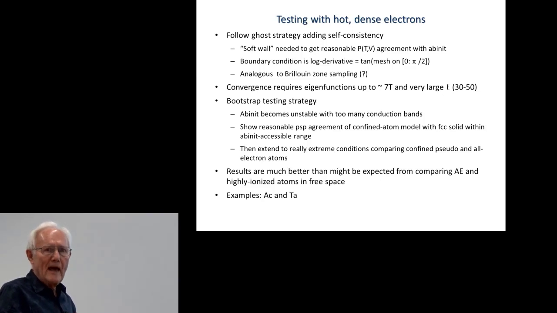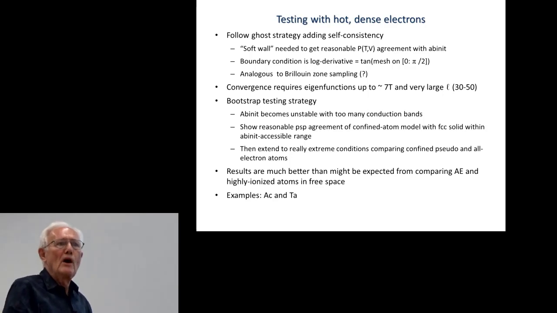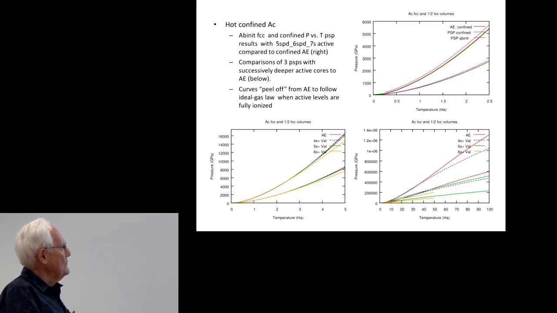I can compare that for all-electron and pseudopotential in this spherical confined atom model that moderately well replicates those things for solids, I believe. So 2 examples here, actinium and tantalum, and I'll work with several different pseudopotentials. On the upper right here, I've got my comparisons to Abinit.